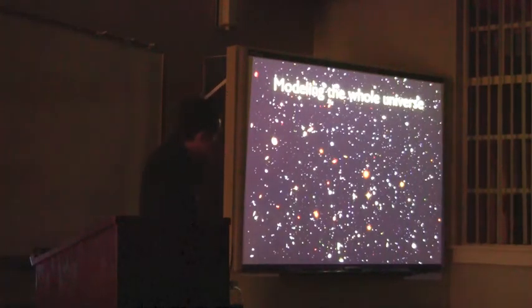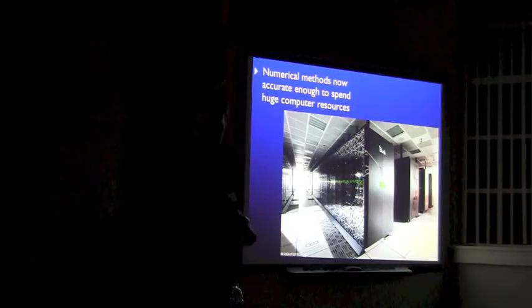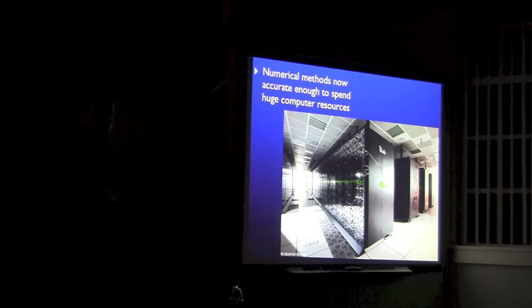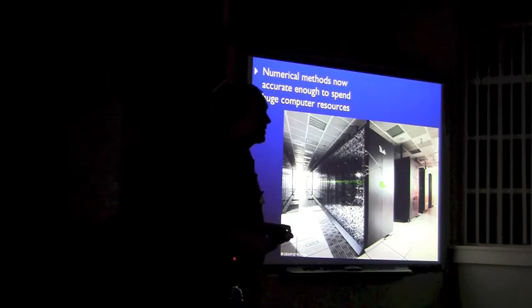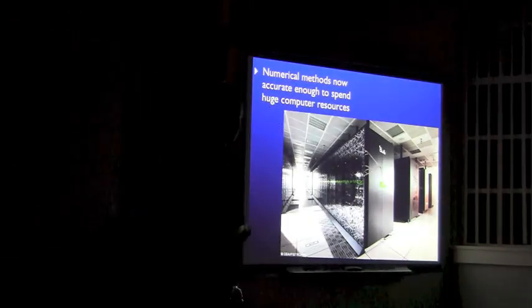So the last thing I want to talk about is, here's again the Hubble Ultra Deep Field, and we want to see if we can make fake pictures of it, or make it from scratch. So now the methods we believe we trust to a high enough degree of accuracy that we can expend significant amounts of computational resources in addition to telescope resources studying these issues.